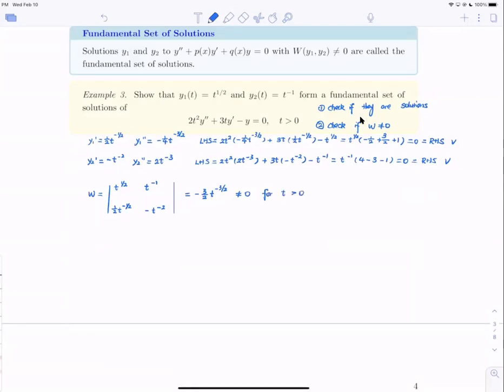So that means, therefore, my y1 and y2 are indeed fundamental. Let's say y1 and y2 form a fundamental set of solutions.